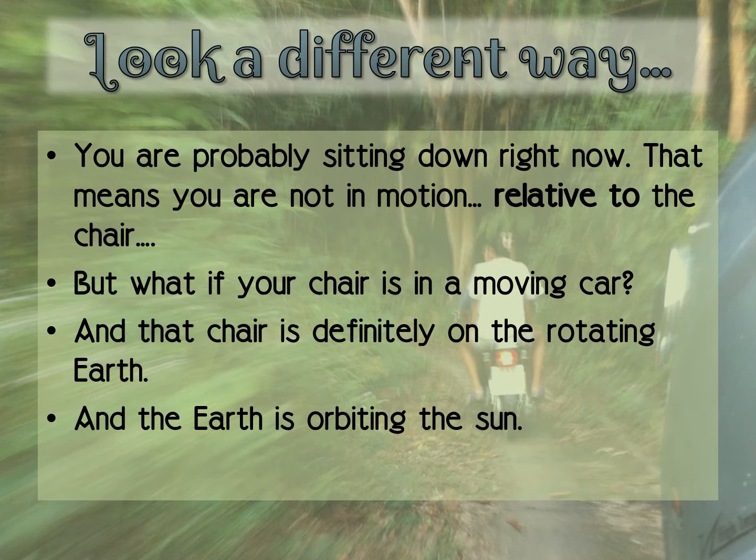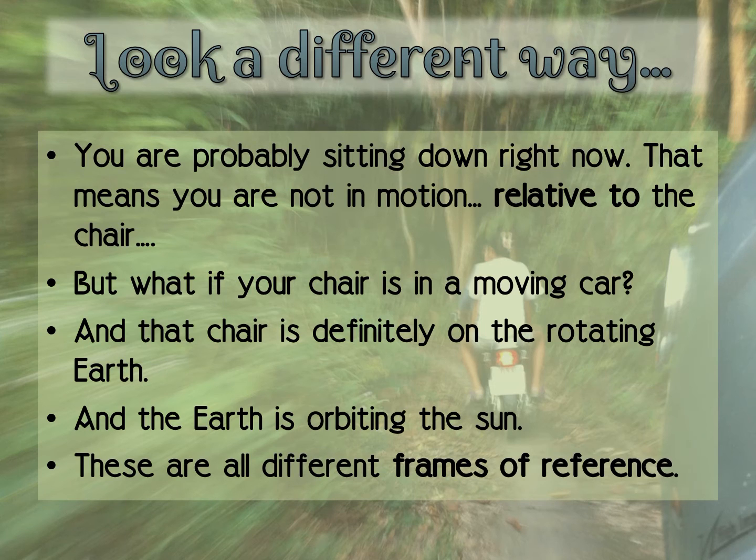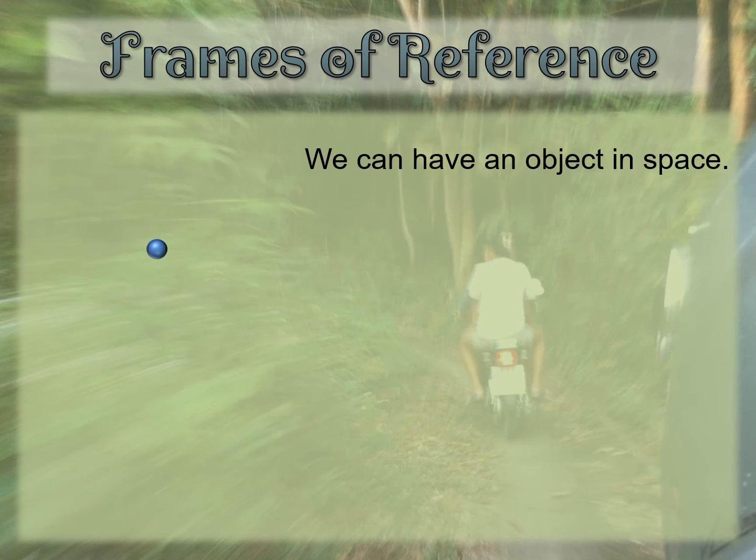And all these different ways of looking at physical movement in space are called different frames of reference. So what is a frame of reference? Well, imagine we have an object in space. It's important to note that this could be an infinite space. There's no limit to the size of the space.